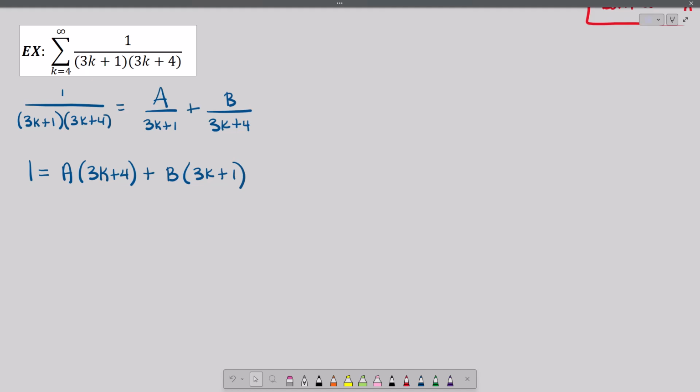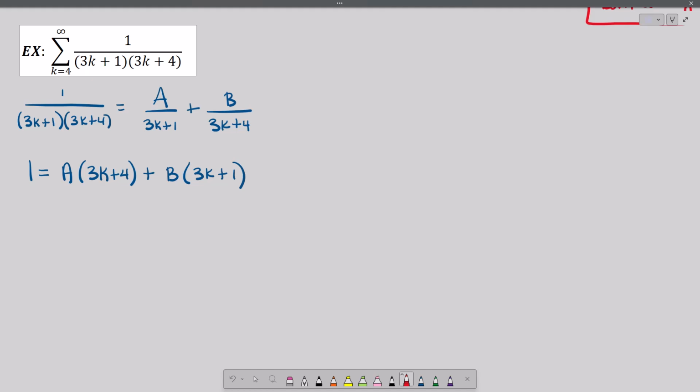What is the convenient value for this factor right there? Negative 4/3. So we want to know what the k value is that would cause this to be 0. In your mind, you're plugging in something for k that's going to cause this to be 0.